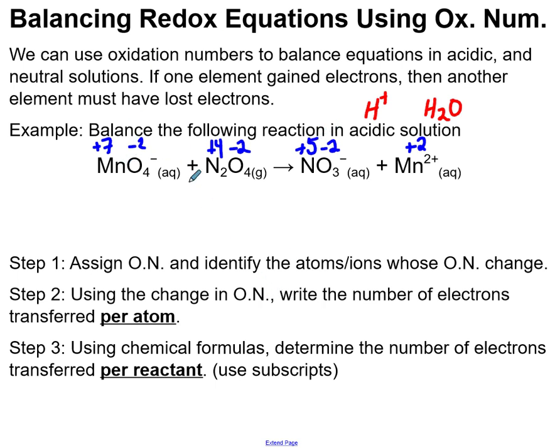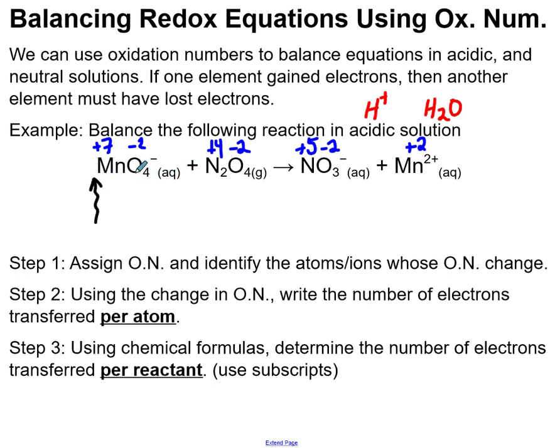Now, let's see what's gaining and what's losing electrons. Manganese in the permanganate is going from plus 7 to plus 2. Think to yourself, is that getting more negative or less negative, because electrons are being transferred here? It's becoming more negative, so it's gaining electrons.